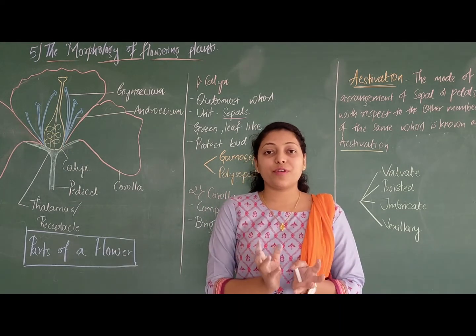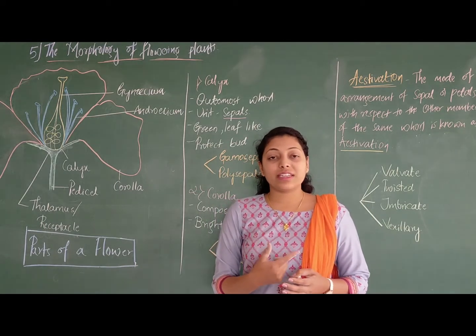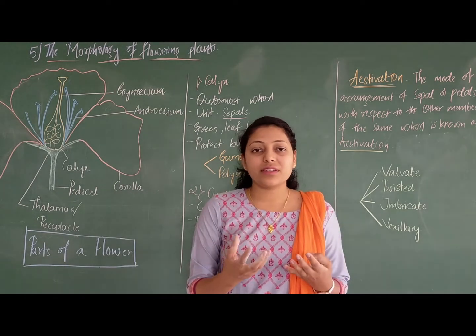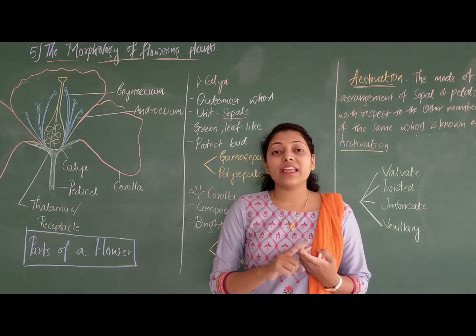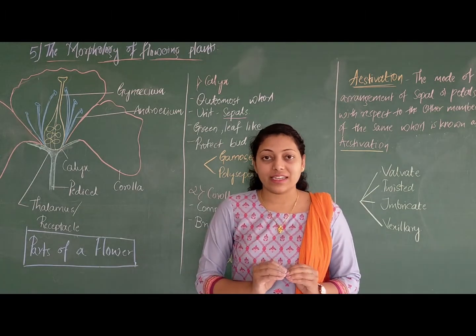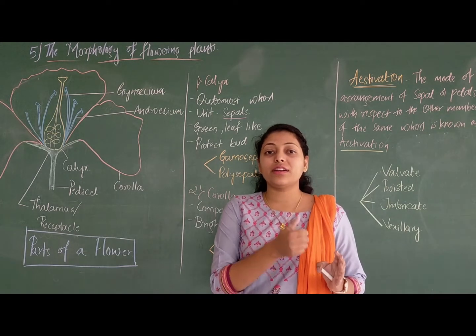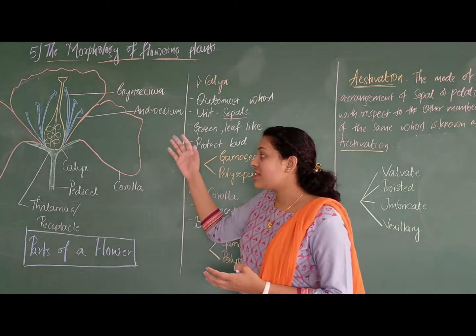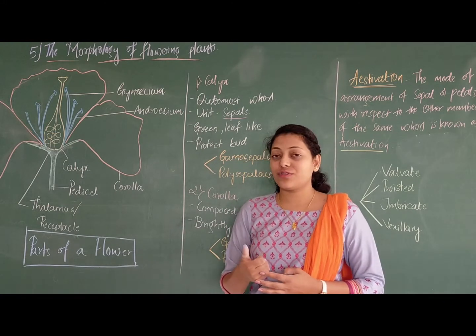Just as a basic point of view, a flower can be bisexual, or else it can be unisexual. Bisexual flowers, and I hope we have seen hibiscus. Hibiscus are bisexual flowers which consist of both male and female reproductive organs. Whereas a unisexual flower consists of either the male or the female gamete-producing part. So this is about the flower which can be either bisexual or unisexual.